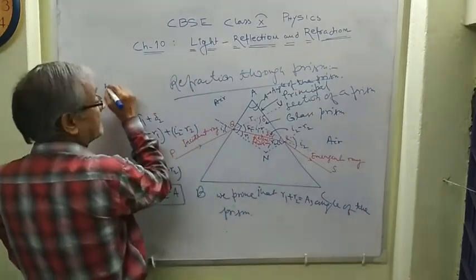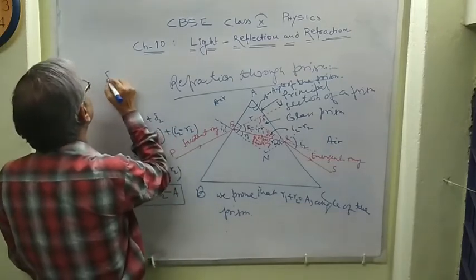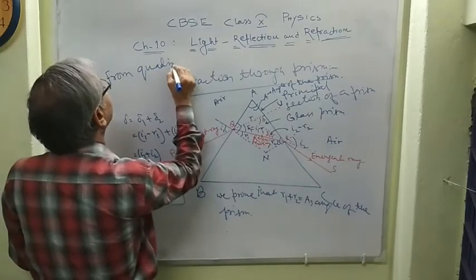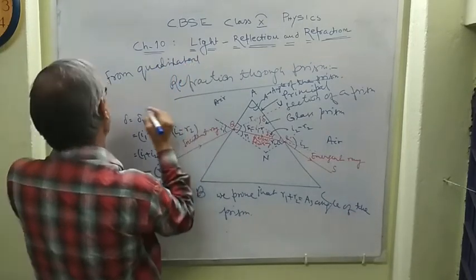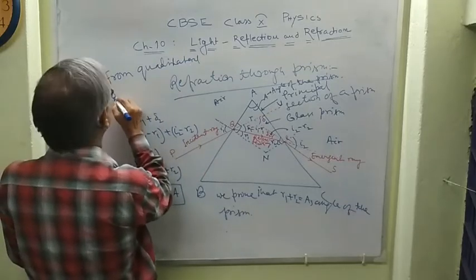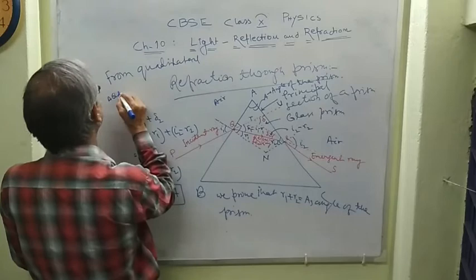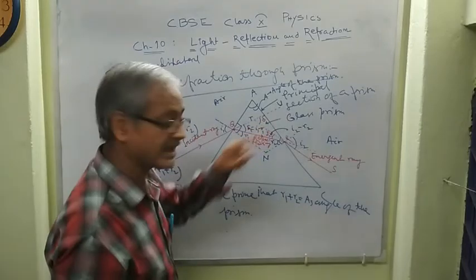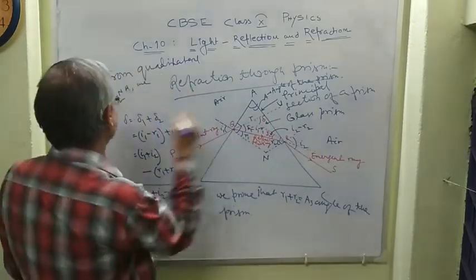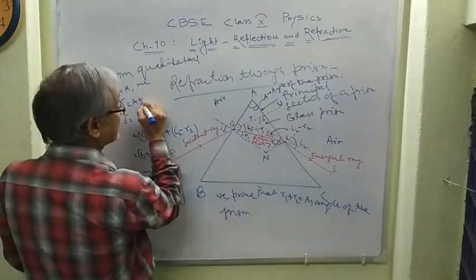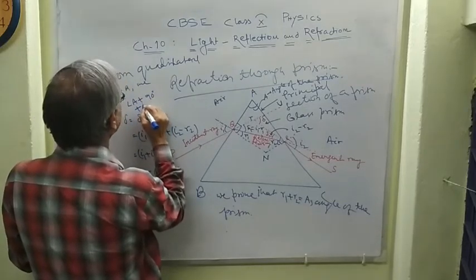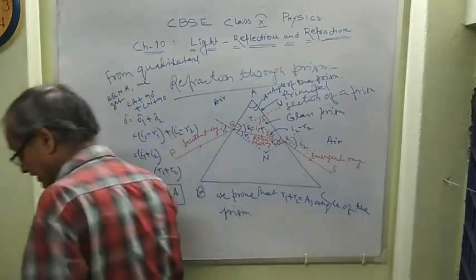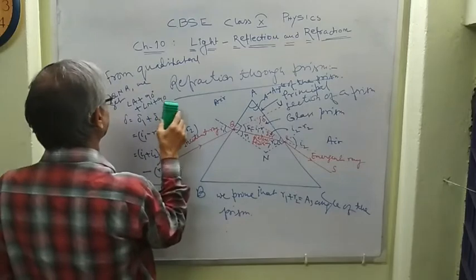From quadrilateral AQNR, we get the sum of the four angles will be 360 degrees. That is, angle A plus 90 degrees plus angle N plus 90 degrees equals 360 degrees. We write it clearly.